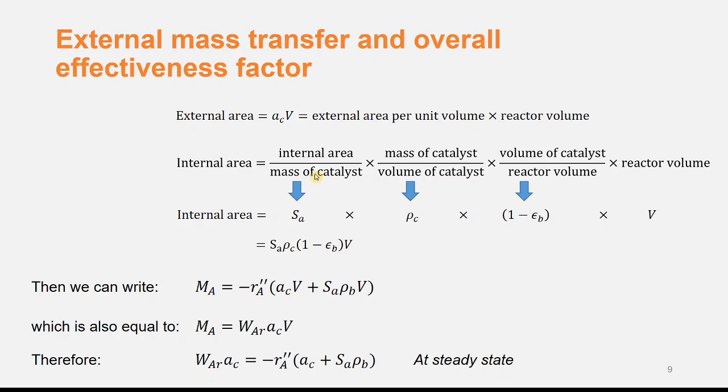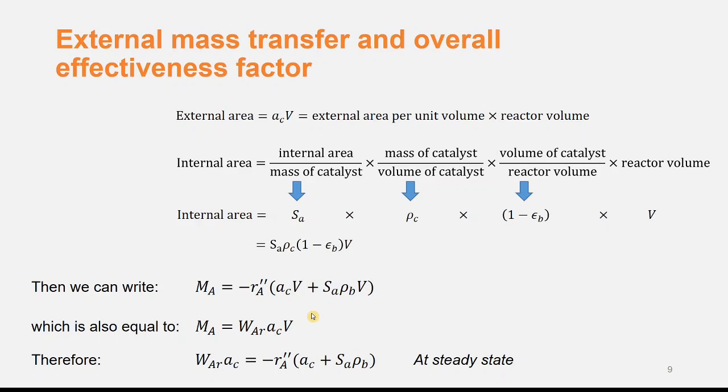Now we can put this into our expression for the rate of reaction in and on the surface of the pellet. So we have M_A is equal to negative r_A double prime times the external surface area plus the internal surface area, which becomes negative r_A double prime times the sum of a_c times V, so this is the external surface area, and S_a times rho_B times V, so the internal surface area.